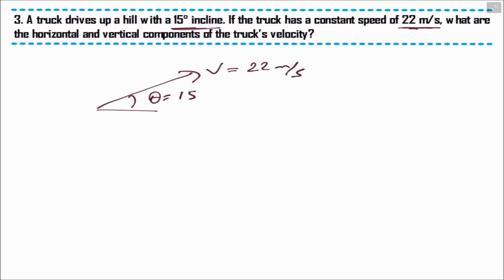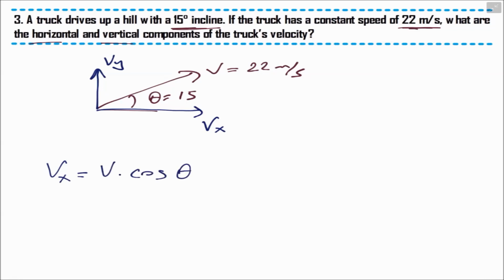And in this question, it says calculate the horizontal and vertical components. Horizontal component means x component. Vertical component means y component. X component stands for the adjacent, so Vx equals V times cosine theta. Y component is the opposite, so it will be V times sine theta.